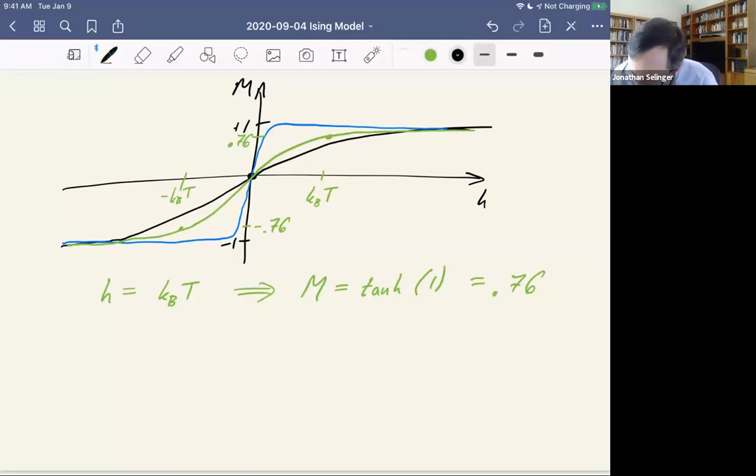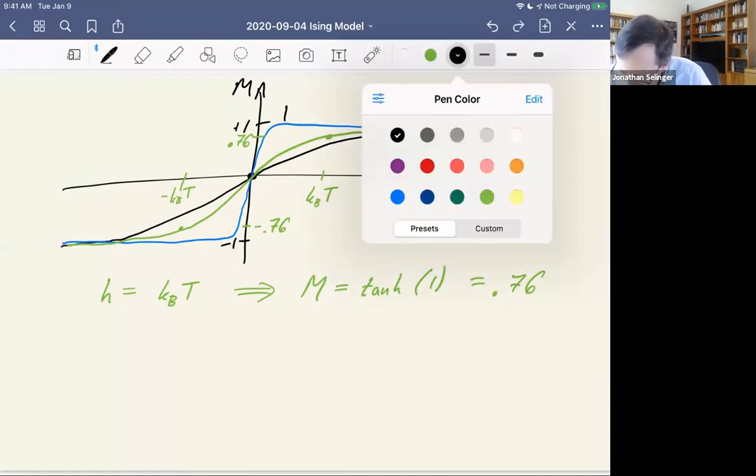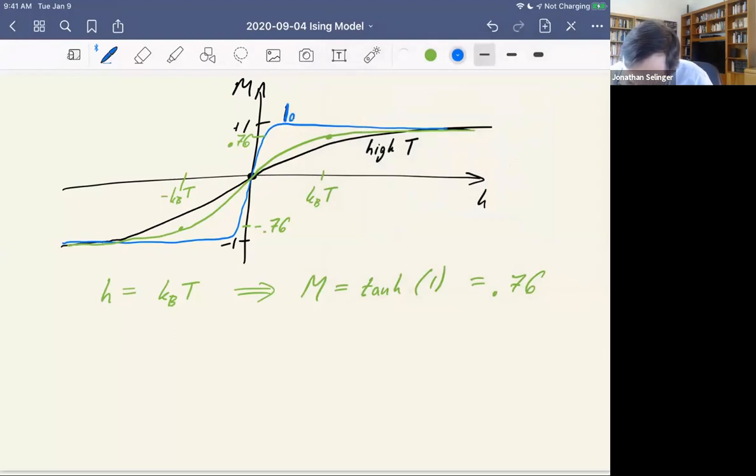So this black plot is high temperature. If we were at a really low temperature, then even a tiny little field would give the 0.76 response. So let's see, that could be in blue. This blue is low temperature. And the green is some medium temperature.